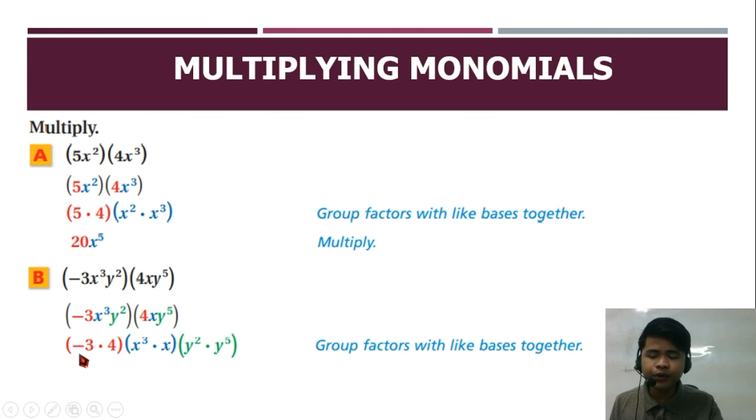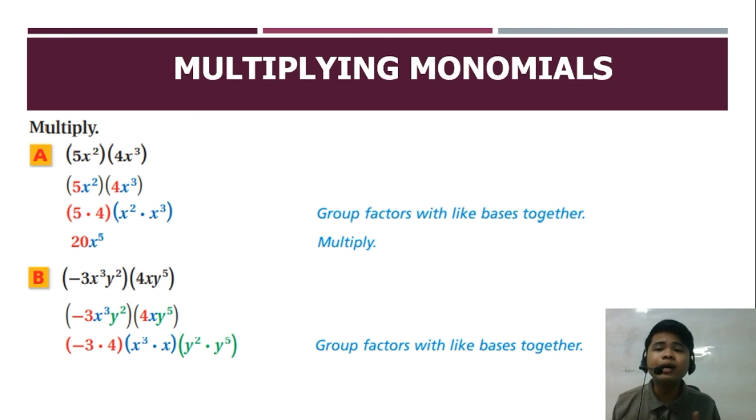We group negative 3 and 4, and we group the variable x and the variable y. Then the last step is to multiply. Multiply negative 3 and 4. The product is negative 12. The next, multiply x cubed and x.